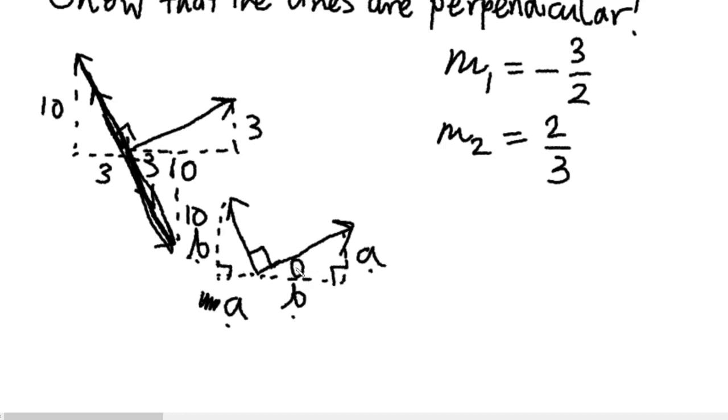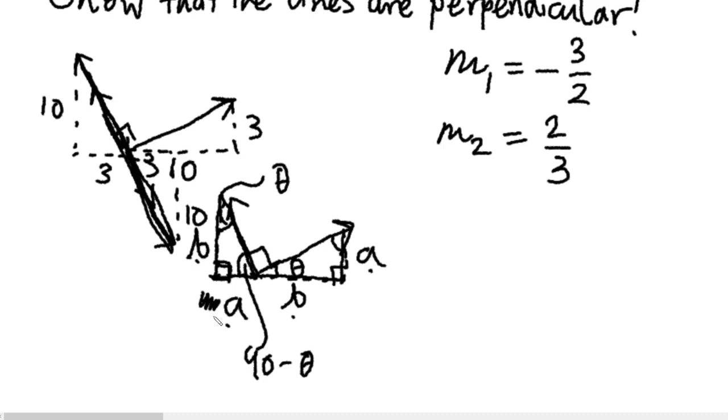So if this were theta, then this would be 90 minus theta, and this would also be theta by the sum of the angles in a triangle adding to 180 degrees. So they're similar triangles, and they have the same ratio of the sides.